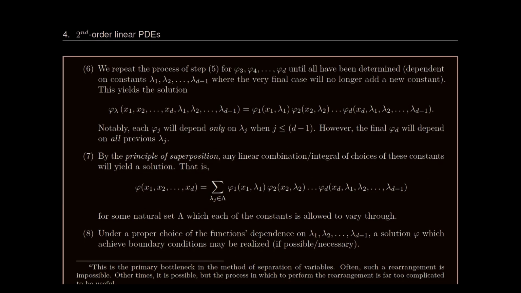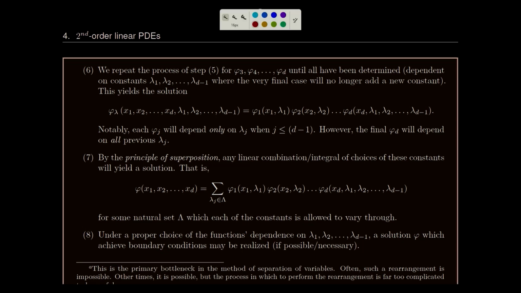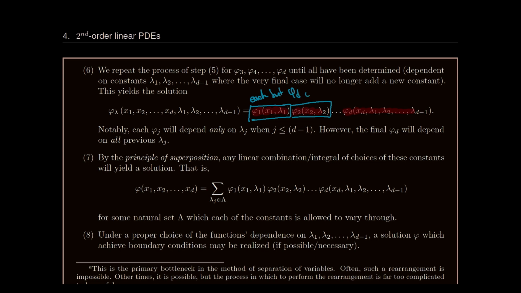And then you're going to get each of your solutions, phi1, phi2, through phi d, dependent on the rest of them. Now, each of your solutions, except for the very last one, will depend on only one constant. So each but phi d will depend on only one constant, just by the nature of how we were solving for g every time.